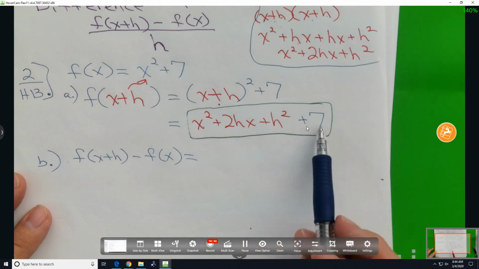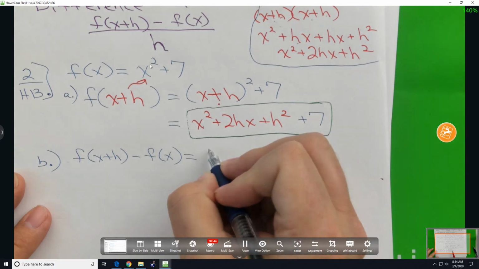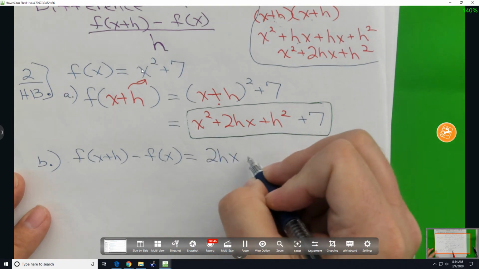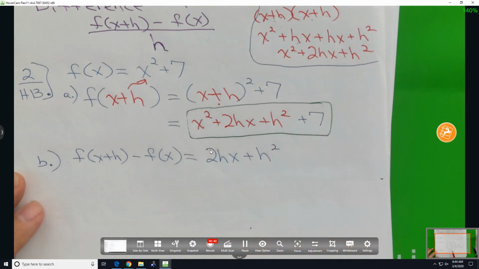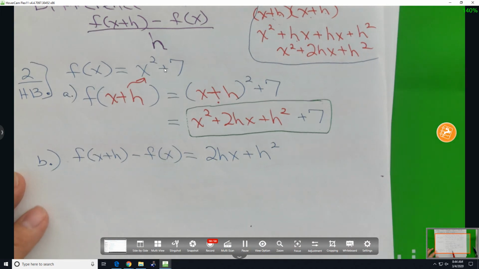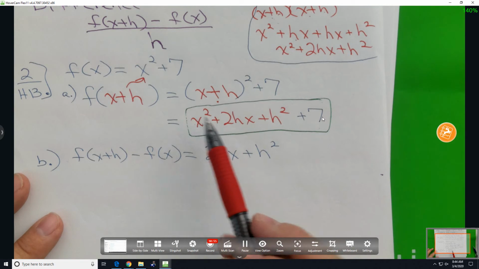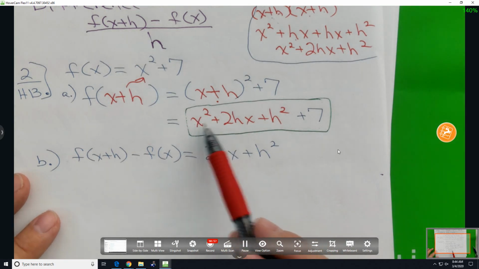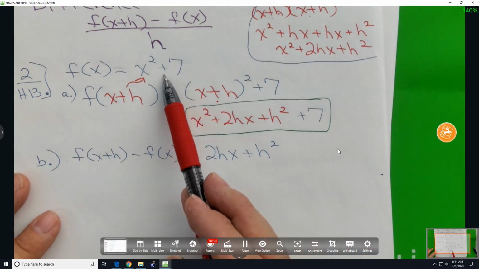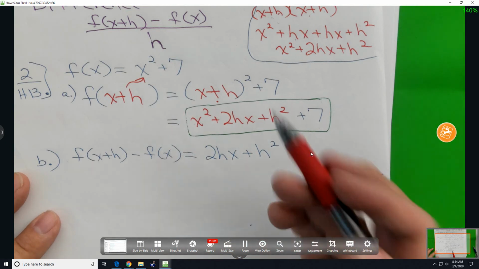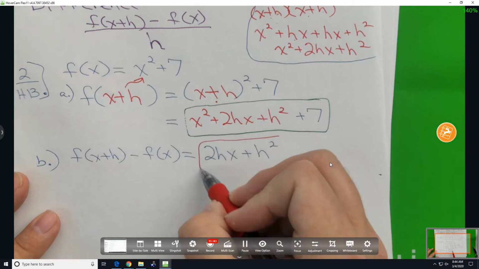Anything that doesn't have an h had better subtract off. But let's suppose there wasn't an x squared for you to subtract. Then you messed up. Everything that doesn't have an h should appear in the original function. You take away the x squared and you take away the 7. There's the answer for part B.